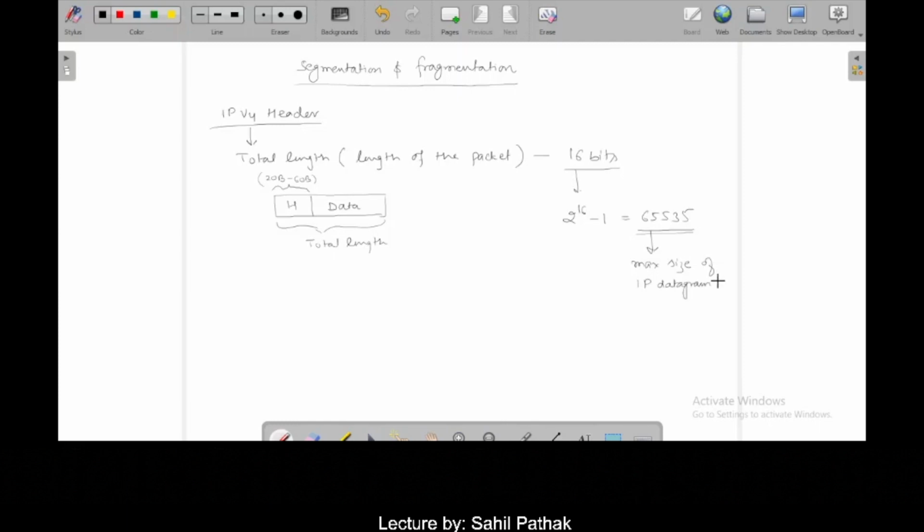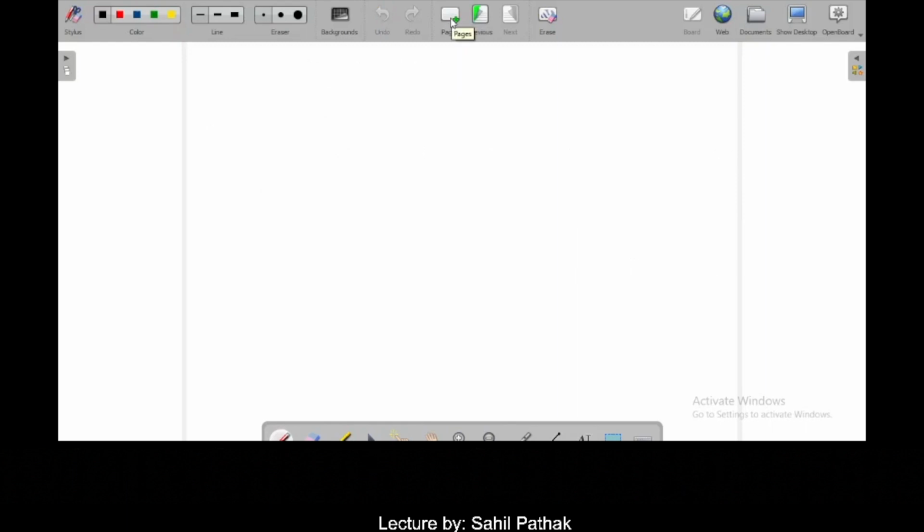Now let us see how this figure is going to solve the problem of segmentation and fragmentation in our case. Let's say we have the TCP/IP protocol, and in TCP/IP we have, let's say, 5 layers: application layer, transport layer, network layer, data link layer, and physical layer.